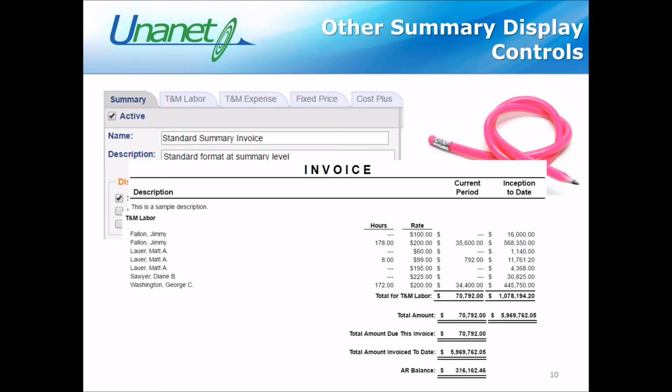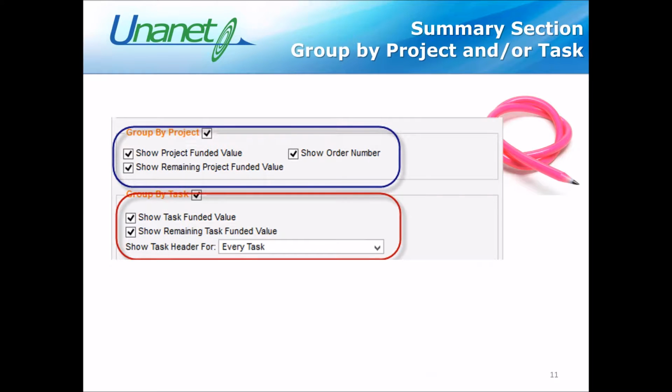Let's take a look now, still within that summary section. Remember, we talked about there being some overarching grouping by project and grouping by task. So let's take a look at those as well. If we check the group by project, then we've got some additional options that you might want to show as well.